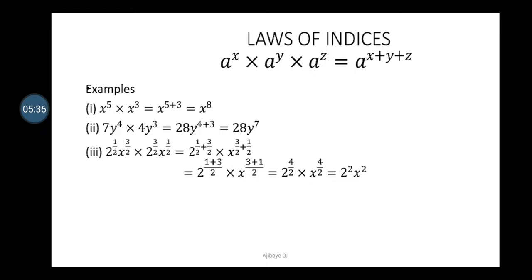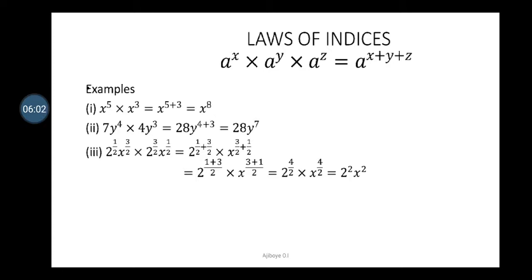Similarly, 7y raised to power 4 times 4y raised to power 3. You will notice that the 7 and the 4 are not index numbers since they are not carrying any power. So you can treat them as simple multiplication. Just multiply the 7 by the 4. On the other hand, the y are index numbers because you have y raised to power 4 and y raised to power 3.